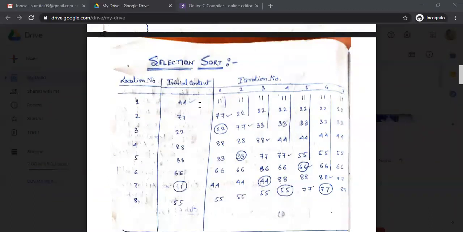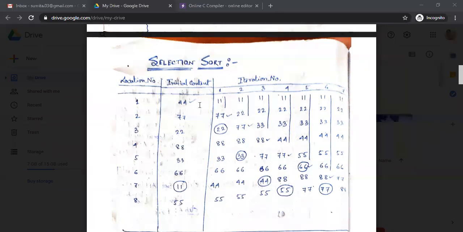So our outer loop is executed n-1 times. Here in this example, our n is equal to 8, so the outer loop is executed n-1 equals 7 times.